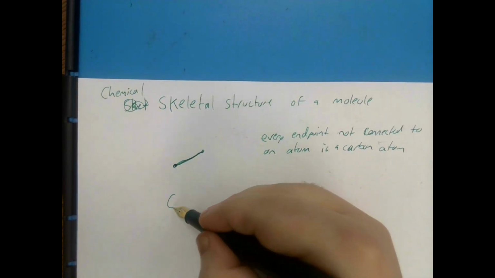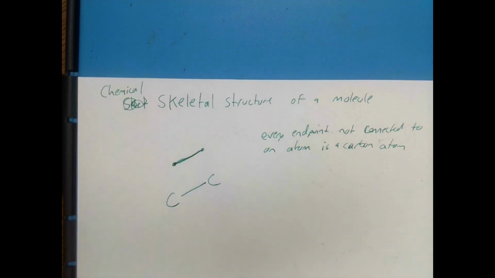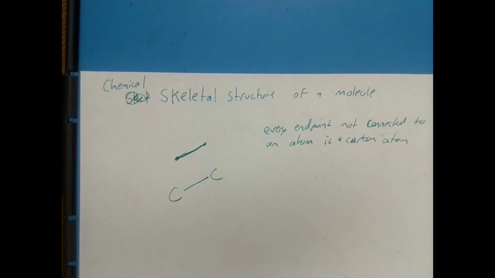So we have a carbon here bonded with another carbon. Do y'all remember Lewis dot diagrams? What does every atom except for hydrogen want to have? 8 valence electrons. How many does hydrogen want?